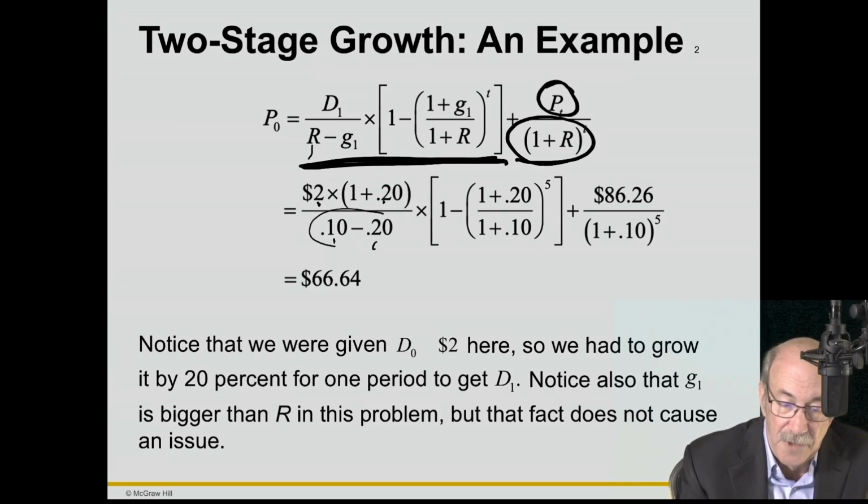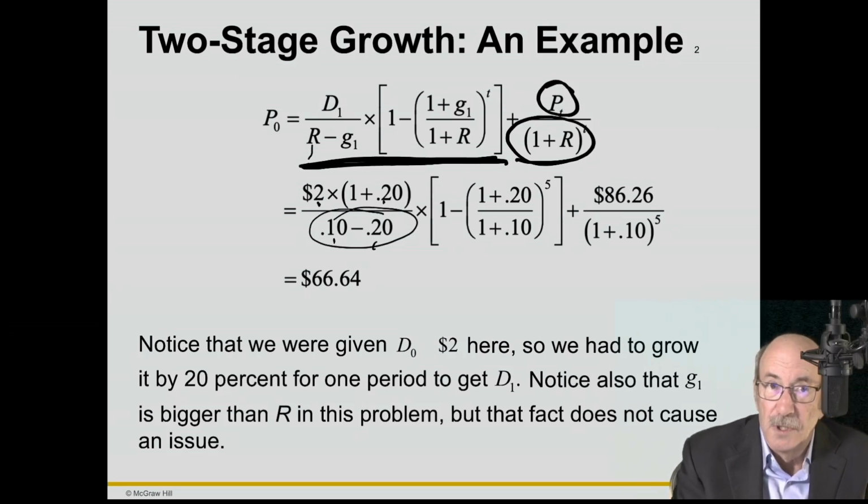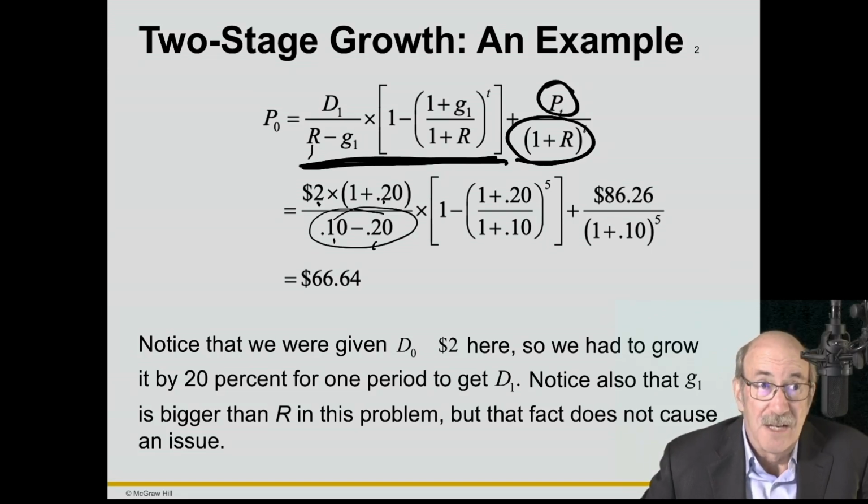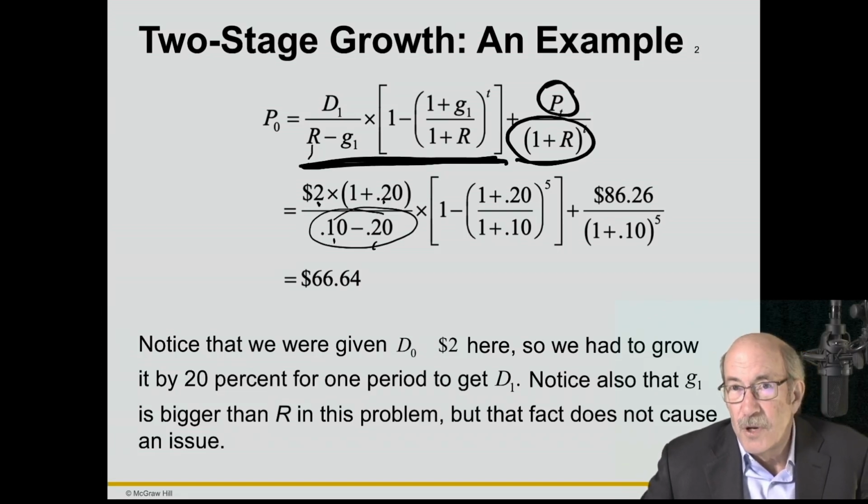Notice here that this is going to make this fraction negative, right? 0.1 minus 0.2, that's a negative. And that's going to turn that whole fraction into a negative, and no matter what we do, we multiply that by 1, it's a negative. Well, that's okay in a two-stage model. The G1 can be larger than R in a two-stage model.